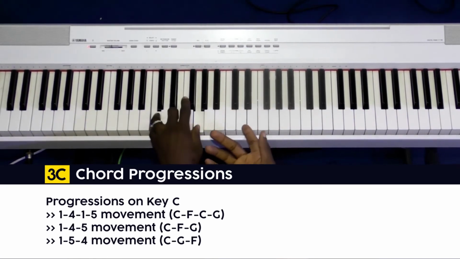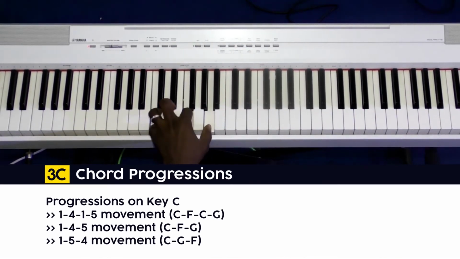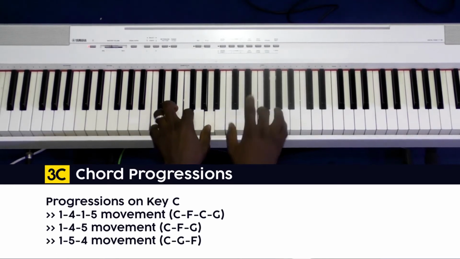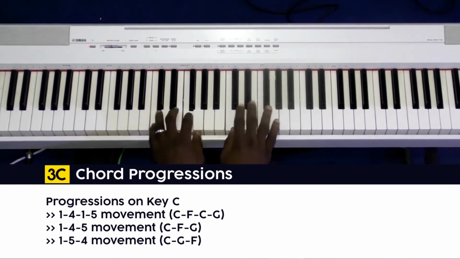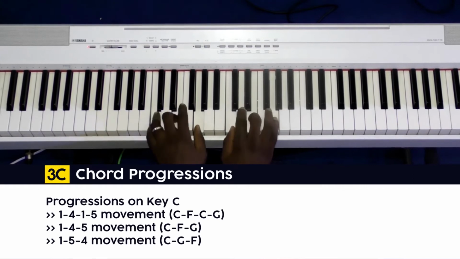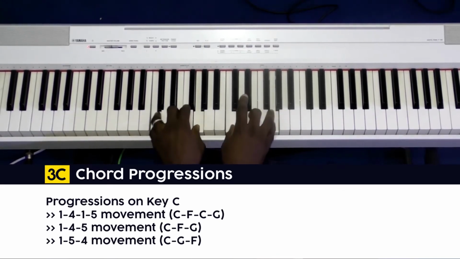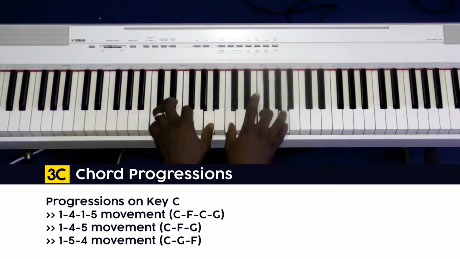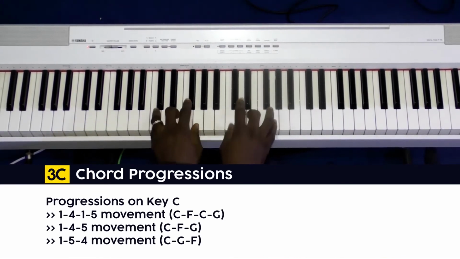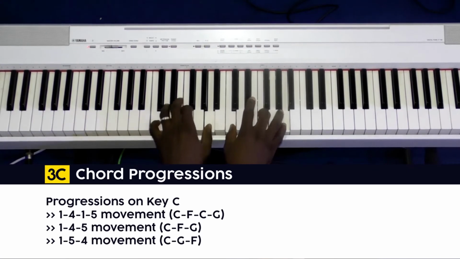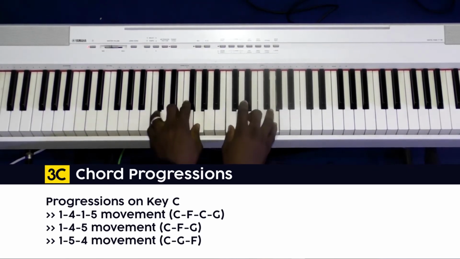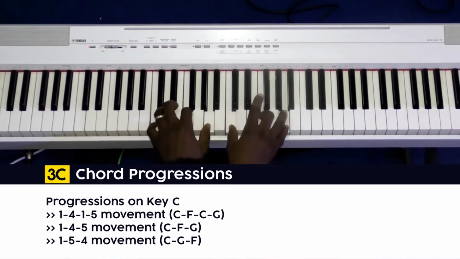So simple. Root chord to the fourth chord, second inversion. That's a simple movement. So 1, fourth chord: C major, F major, C major, F major.